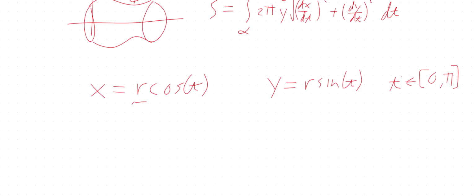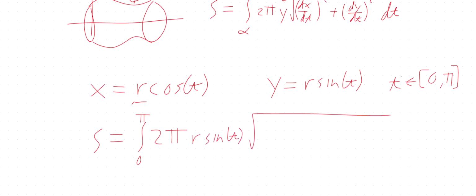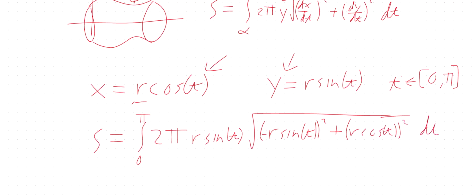So our surface area is going to be the integral from 0 to pi of 2 pi times our y value, which is r sine of t, times the square root of our derivative of x, which would be negative r sine of t, squared, plus the derivative of y, which is going to be r cosine of t, squared, and then our dt.